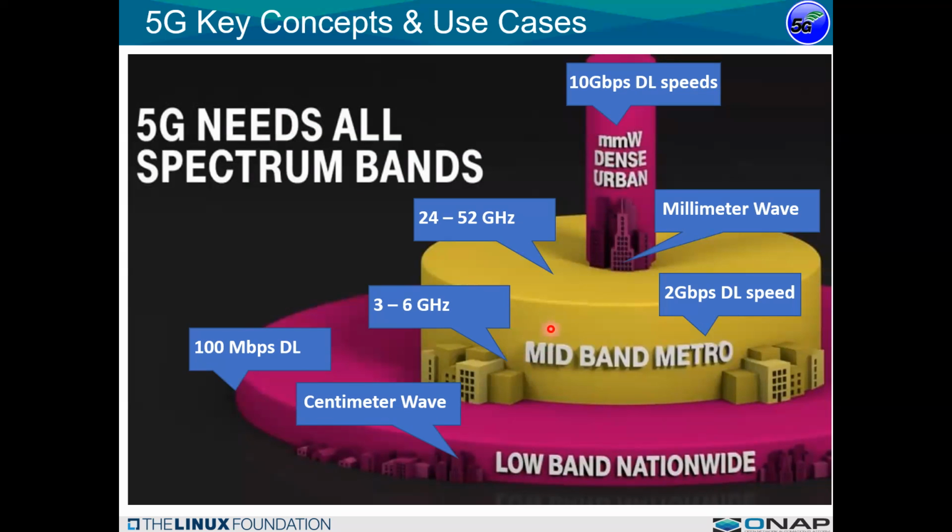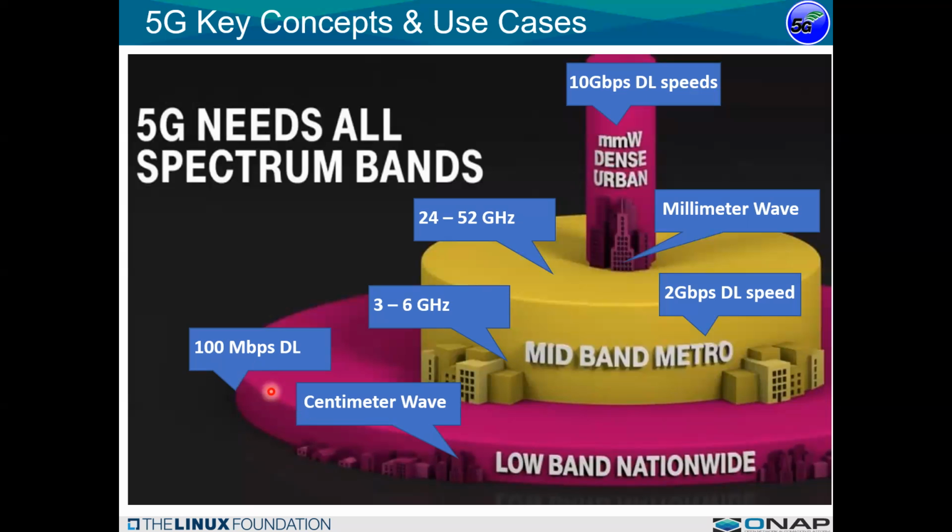From 3 to 6 gigahertz is the mid-band frequencies, sometimes called the C-band, and then the high band 5G is millimeter wave. The low and mid bands are also called FR1, and the high bands are called FR2 in the standards.